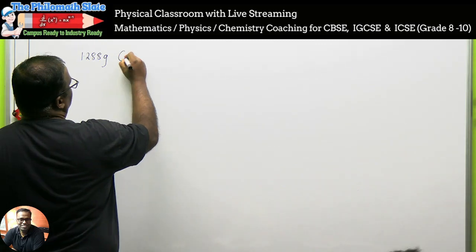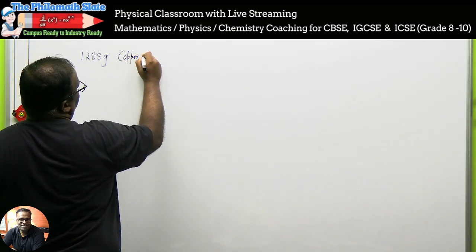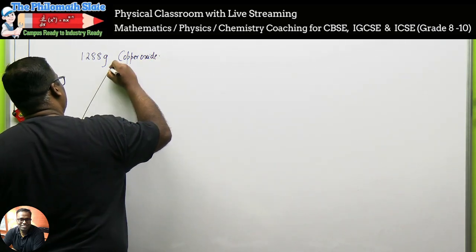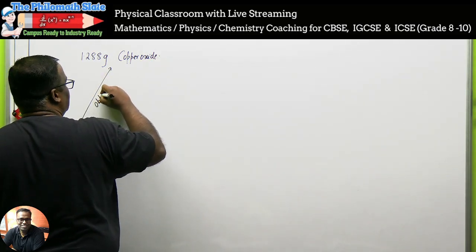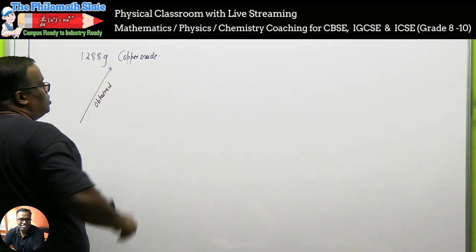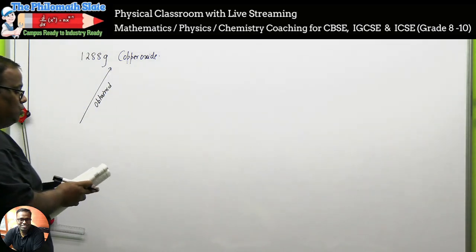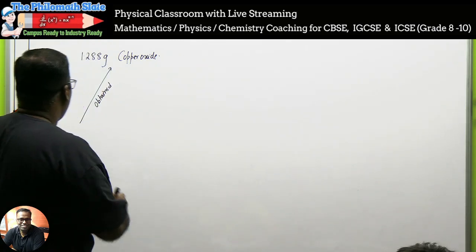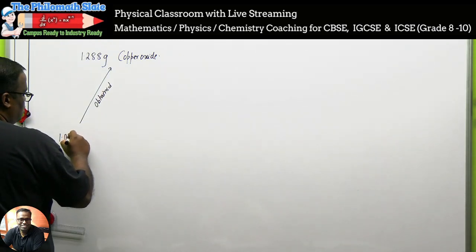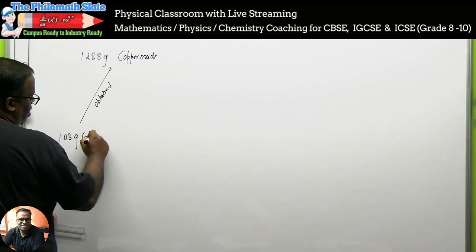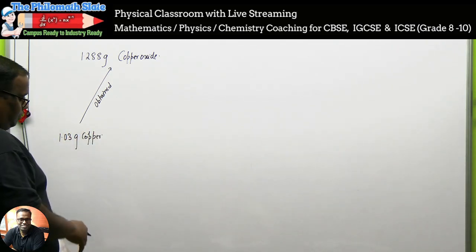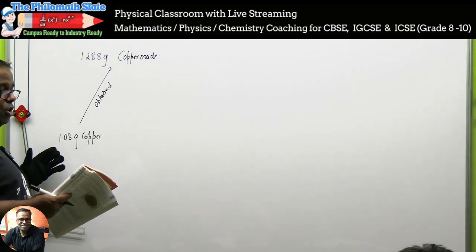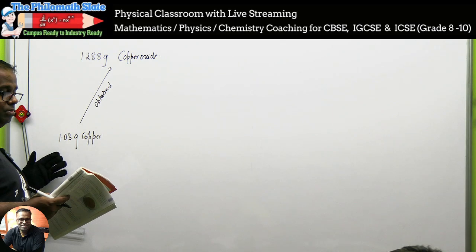This is copper oxide, and this was obtained. Copper oxide means what will react? Copper and oxygen should react. Okay. Copper oxide was obtained from 1.03 grams of copper. बात सुनिए, 1.288 grams of copper oxide was obtained from.